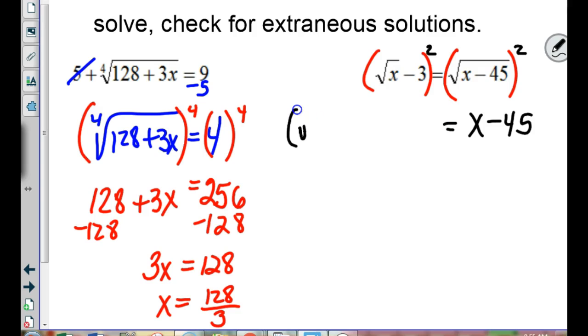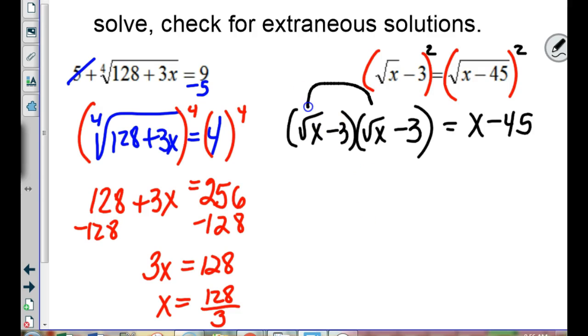The left-hand side, though, square root of x minus 3 times square root of x minus 3 doesn't cancel. We have to FOIL. What is square root of x times square root of x? Okay. Square root of x times negative 3 is? Oh, x. Sorry. I don't know what I just wrote.